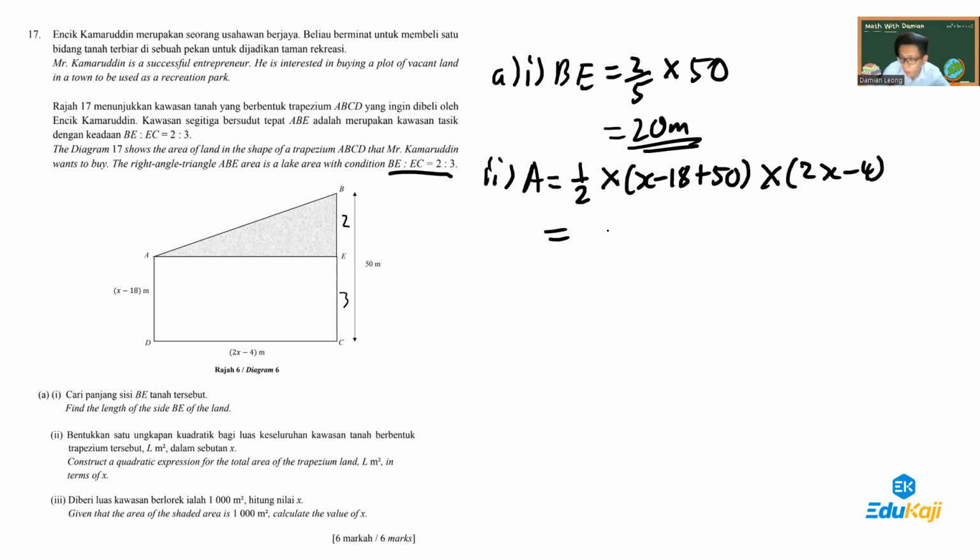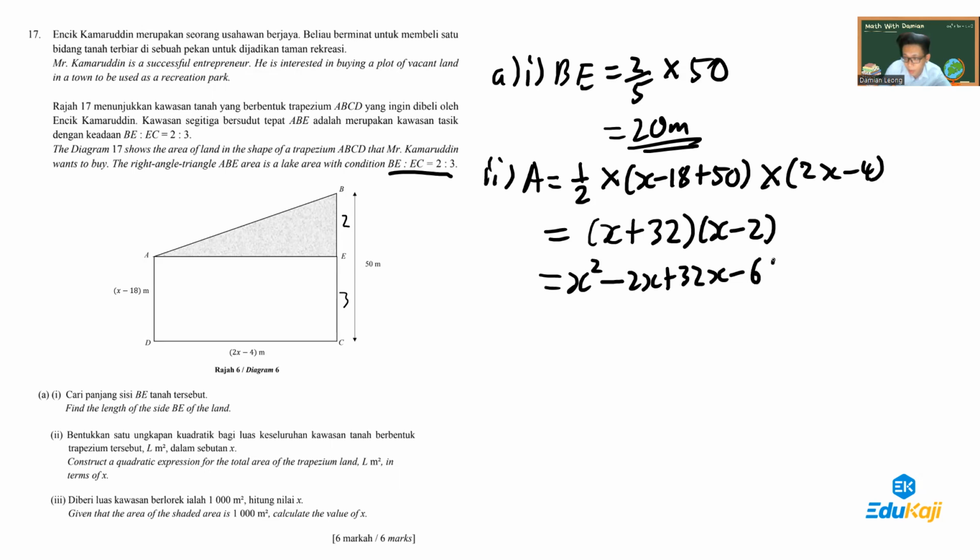Both can be divided by 2. So it's x plus 32, then x minus 2. Half times 2, 1. Half times 4, 2. Then I can expand: x squared minus 2x plus 32x minus 64. x squared plus 30x minus 64.